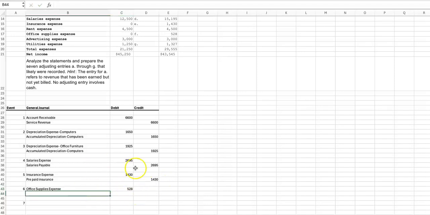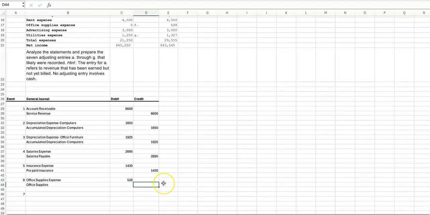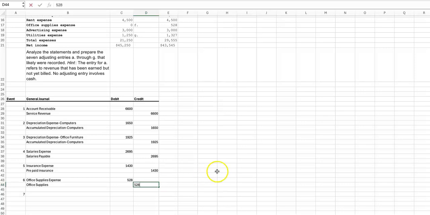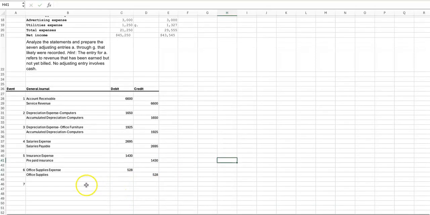And then because those expenses decrease the equity, thus decreasing the accounting equation in total, what you're actually doing is decreasing your office supplies. The office supplies are an asset account as well. So as you're decreasing that equity, you're going to be decreasing the office supplies. And by doing that, you're going to credit the office supplies. So that will decrease that asset account right there.